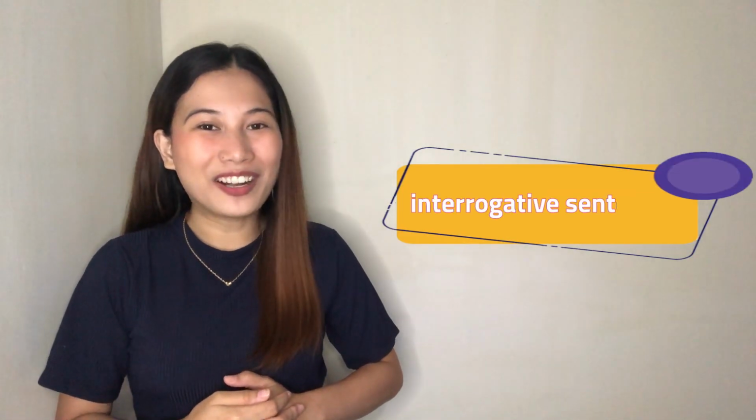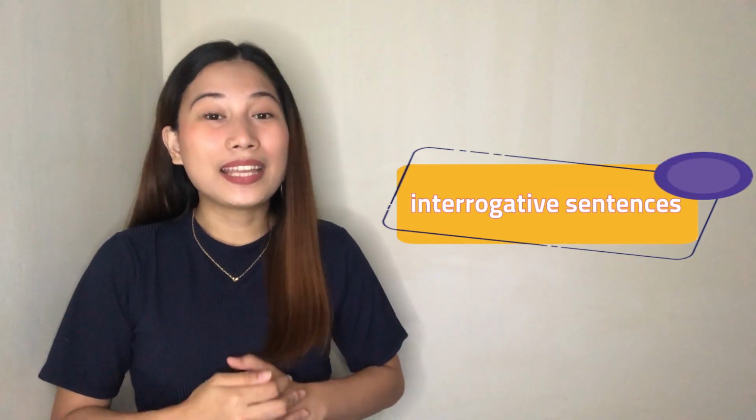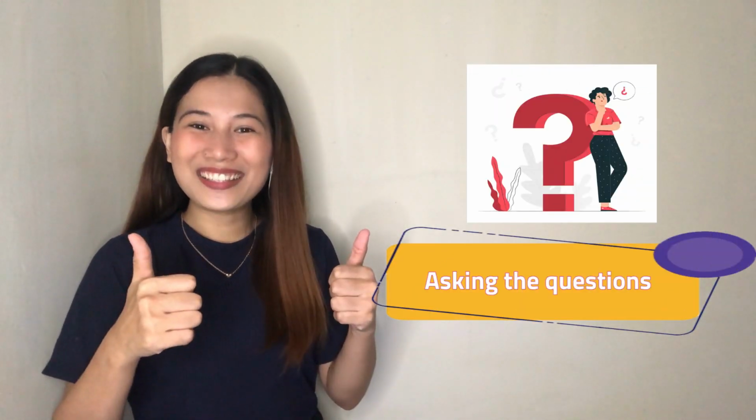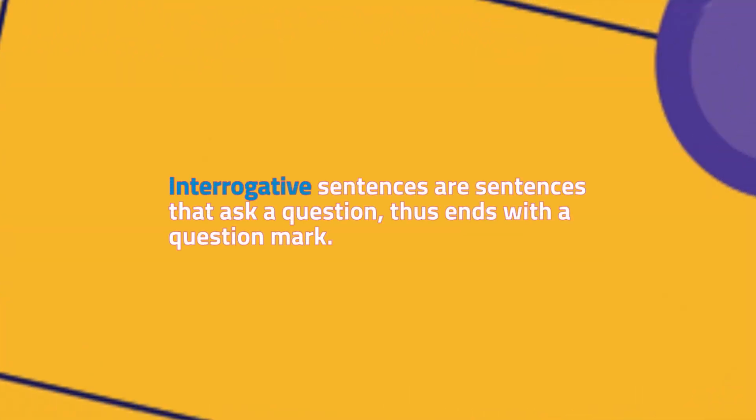Next, we have the interrogative sentences. Interrogating a person means asking the questions, right? So, interrogative sentences are sentences that ask questions, thus ends with a question mark.